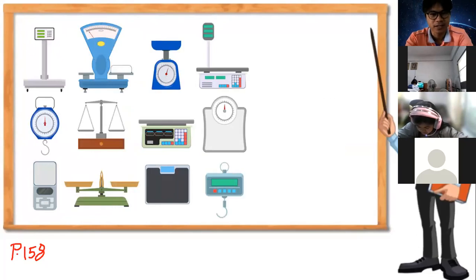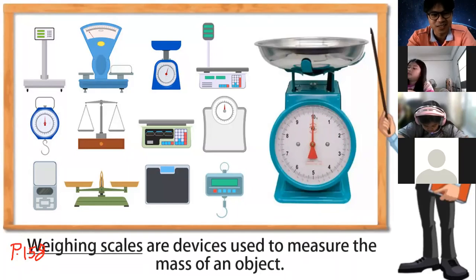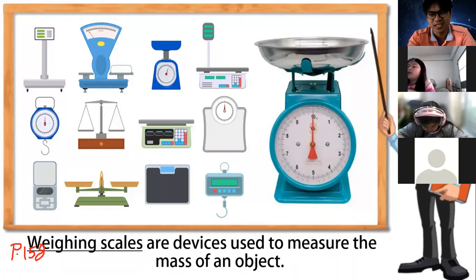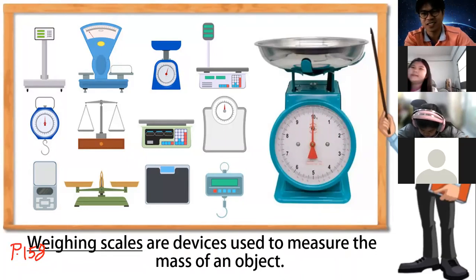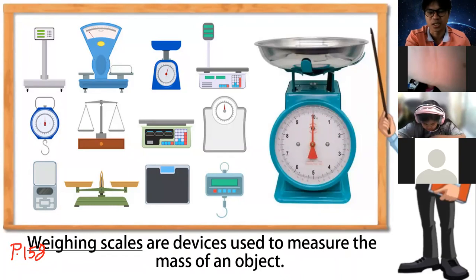So as you can see here in this picture, these are the different types of weighing scale, right? So weighing scales are devices used to measure the mass of an object. Some of these weighing scales are commonly used here in the market or some other places. It depends upon the uses of each weighing scale.